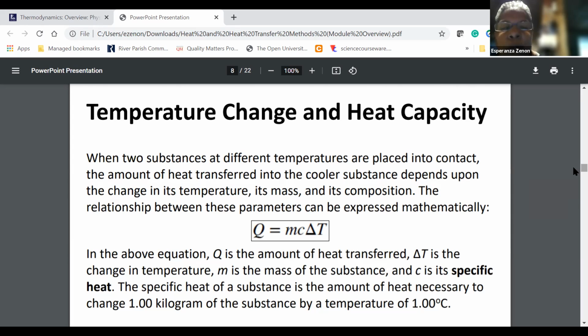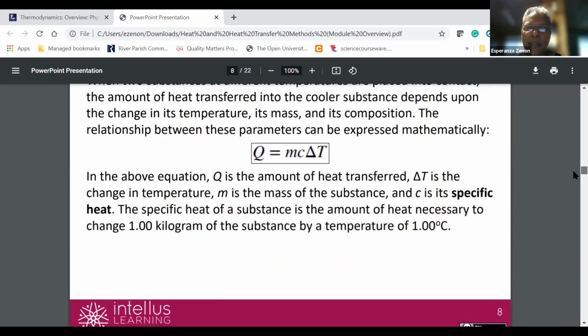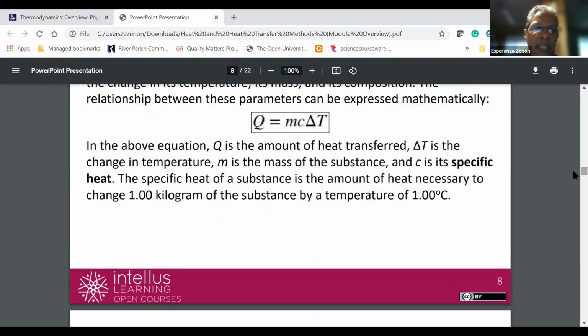Okay. And the amount of heat that gets transferred is based on a few properties. Number 1, how much of a temperature difference are we talking about? Number 2, how much of the substance are we talking about? And number 3 is what we call the heat capacity. Some books will say specific heat. Some books will say heat capacity.